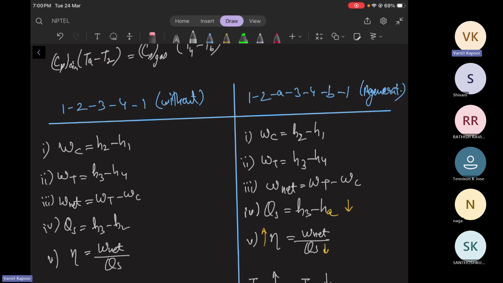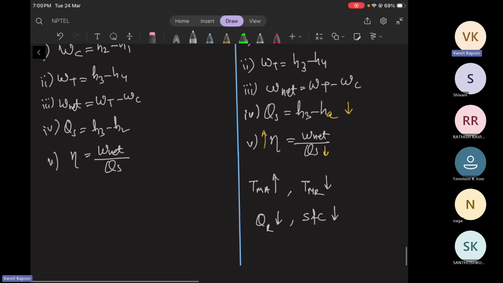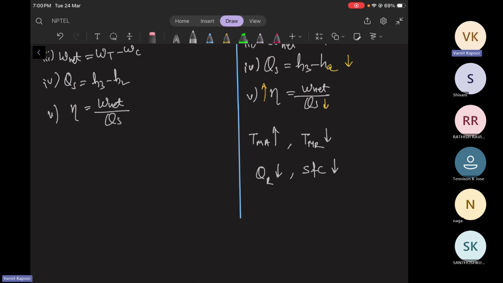One way was this. Now let us see, we are using the regeneration, but there must be an effectiveness of that device, that is your regenerator. So let us calculate the effectiveness of the regenerator. Similarly, you will see in your heat and mass transfer subject, the effectiveness of fins also.